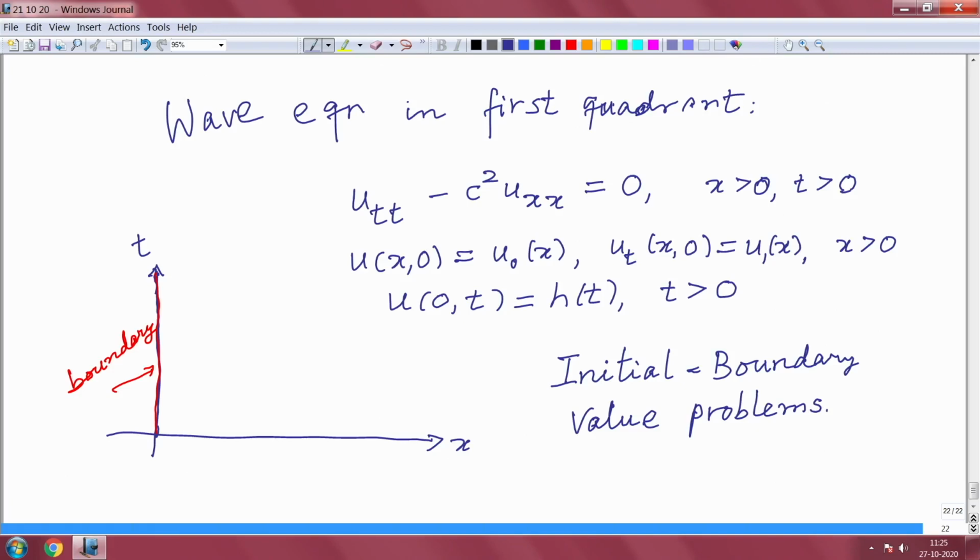And in this case, since we are prescribing the value of the solution on the boundary, it is referred to as the Dirichlet problem.